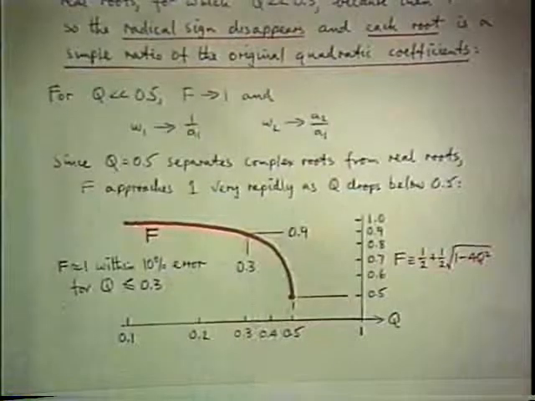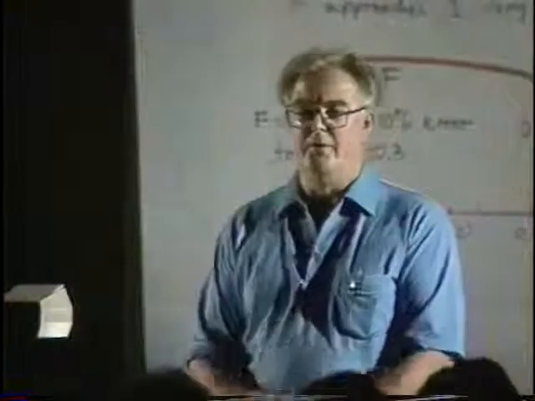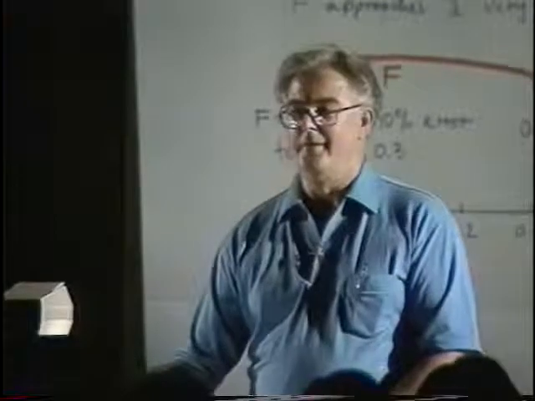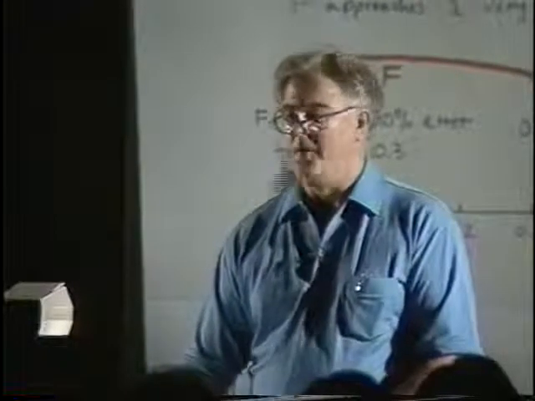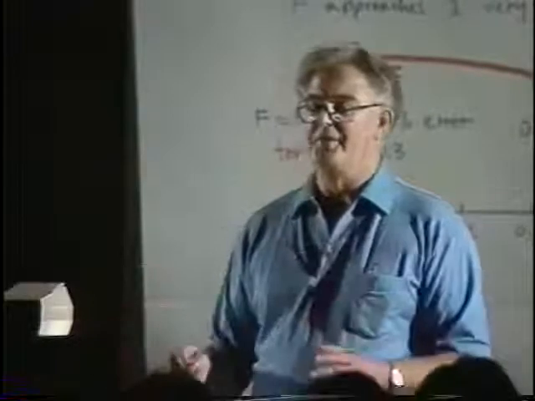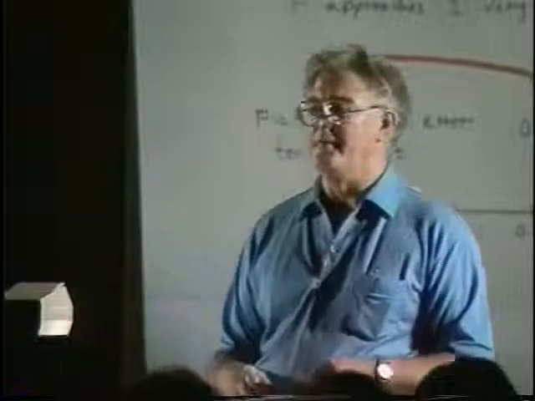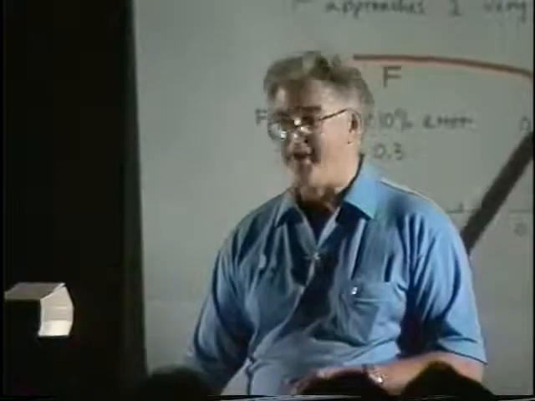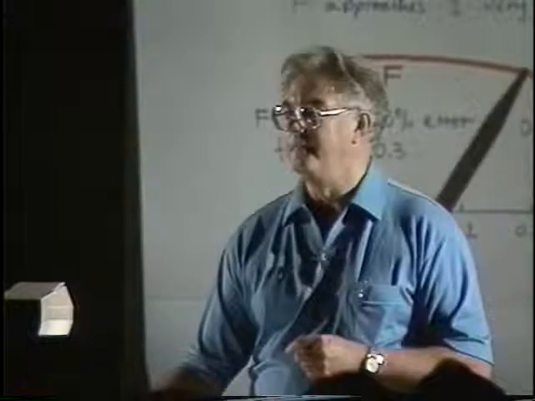What that allows you to say in words is the important part. Whenever your quadratic has real roots, it's a good approximation to assume that f is 1, which allows you to get rid of the radical sign, and express the two roots as simple ratios of the original coefficients. And this is the handle you have on the degree of approximation.